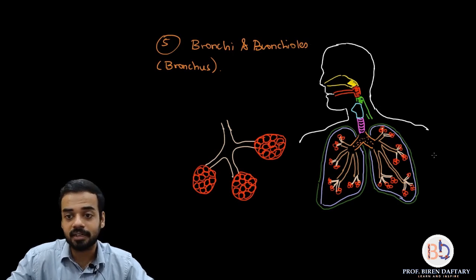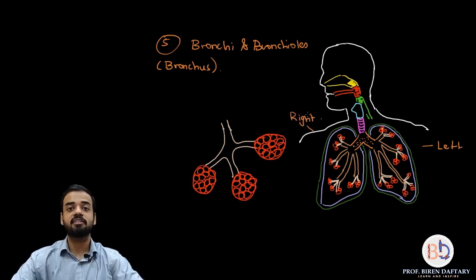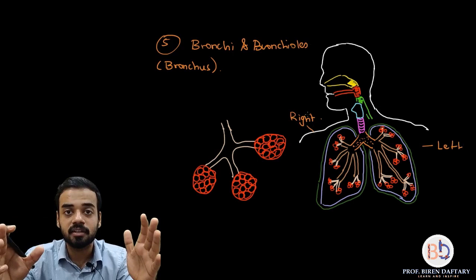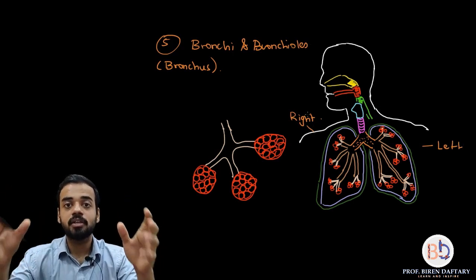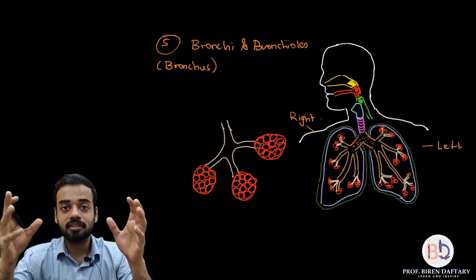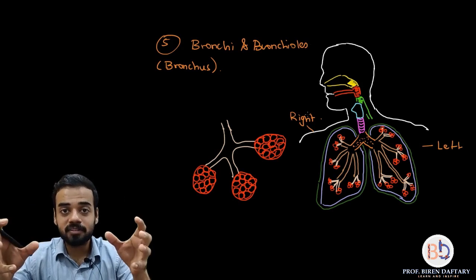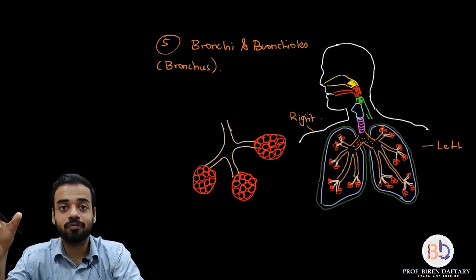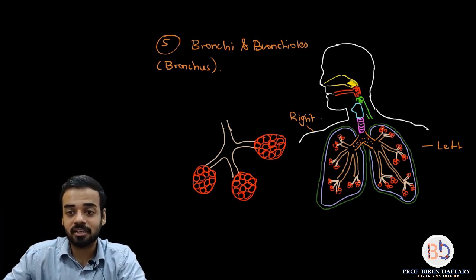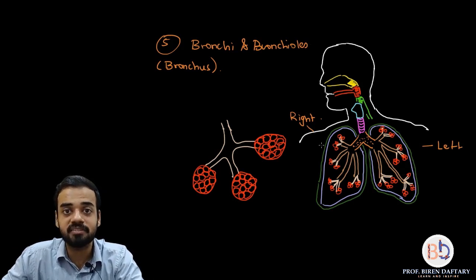This side is the left side, this side is the right side, because the directions are given according to that person. The organs which are present in that person, according to the direction of those organs, the directions are given. So this is left, this is right. Please remember that.